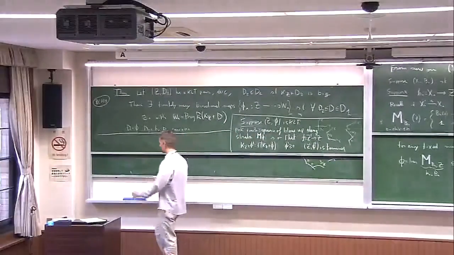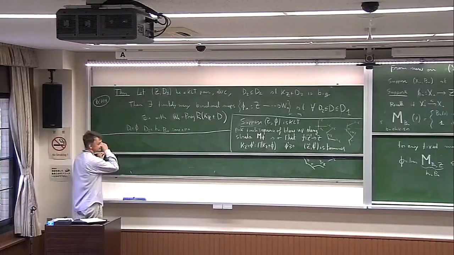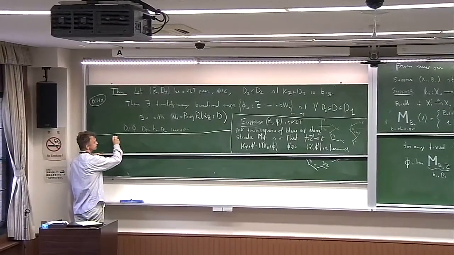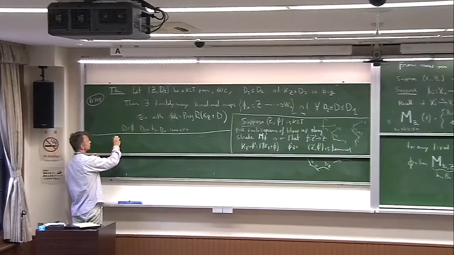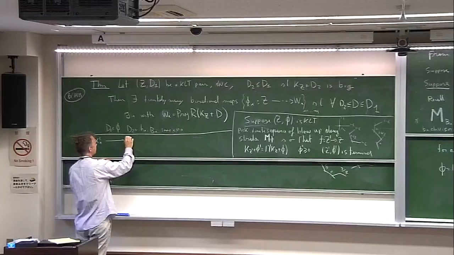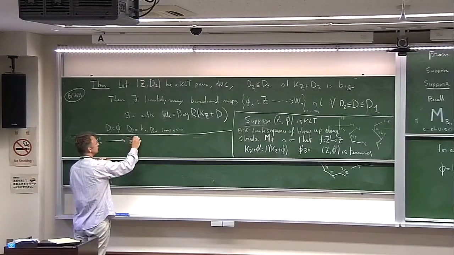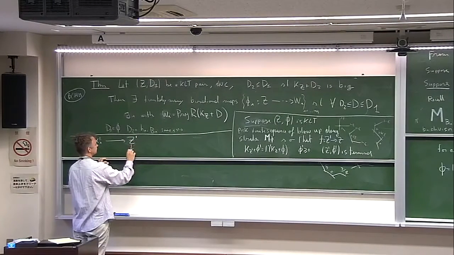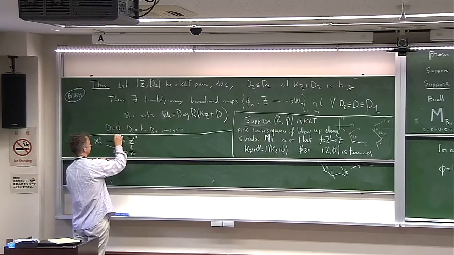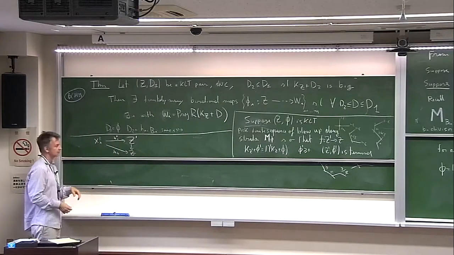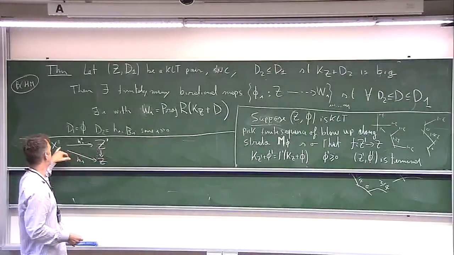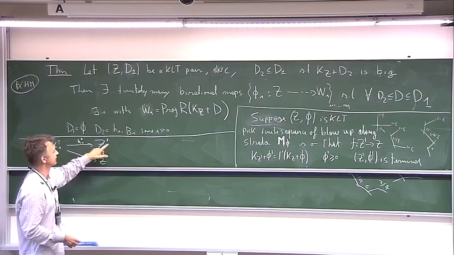Okay, so this is how it works. You can just assume that the Xi, in fact, maps to the Z prime, which maps down to Z.